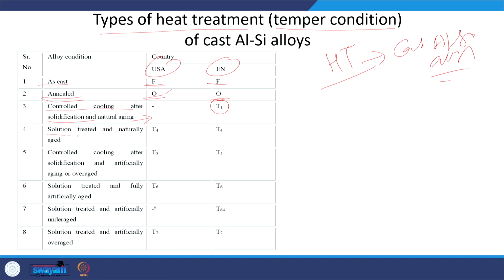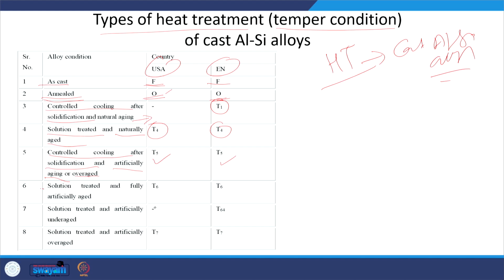And if the casting is solution treated followed by natural aging, it is assigned as a T4 grade. If the casting is subjected to controlled cooling after the solidification followed by artificial aging or over aging, it is designated as a T5 temper condition.